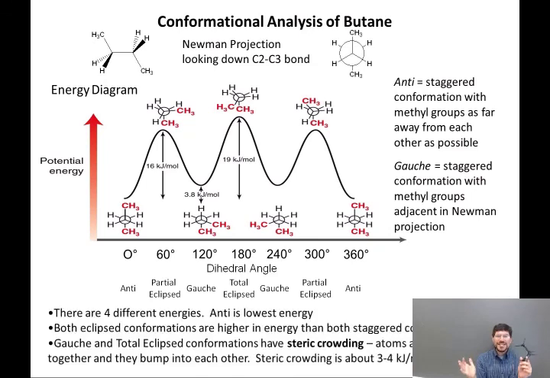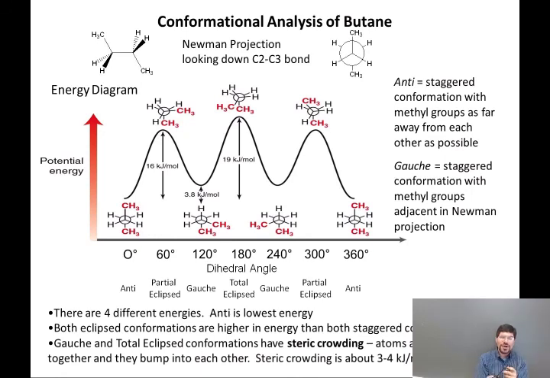This brings in another term called steric crowding. That is another energetic destabilization due to atoms being close enough to each other that they can bump into each other. The gauche conformation, which is staggered, and the totally eclipsed conformation suffer from steric crowding, and the value of the steric crowding is about 3 to 4 kilojoules per mole.